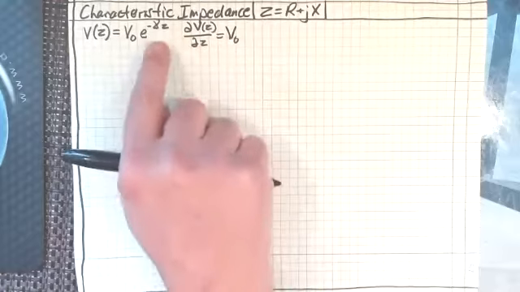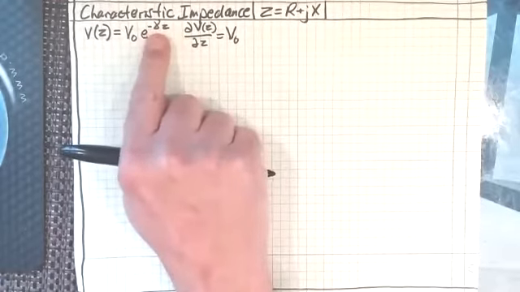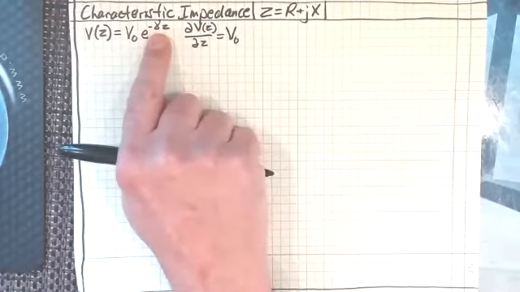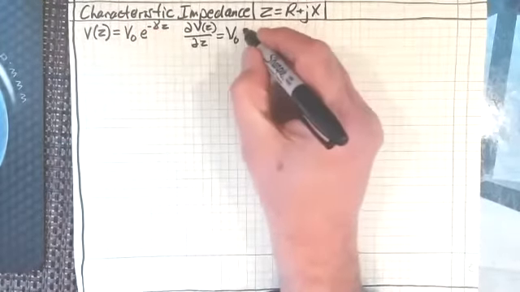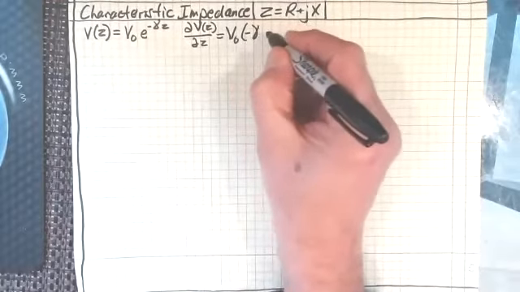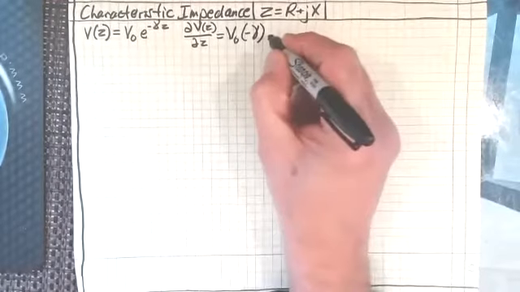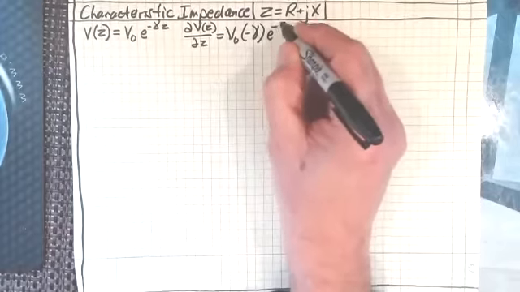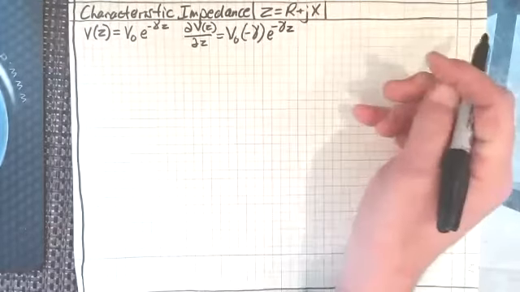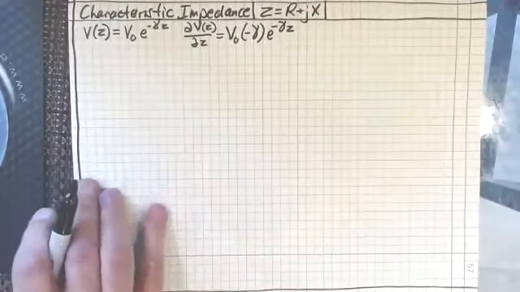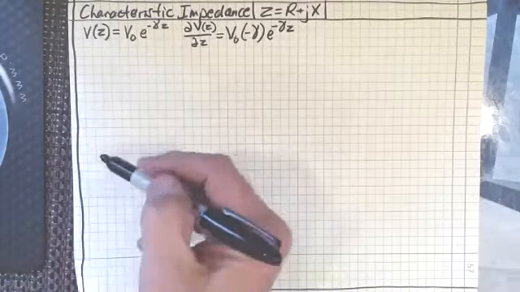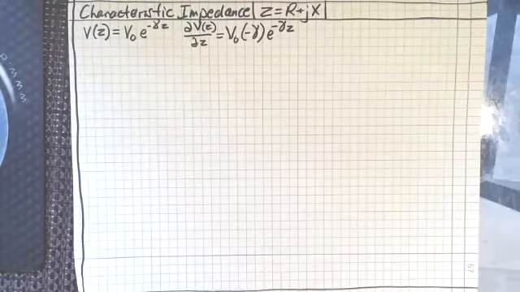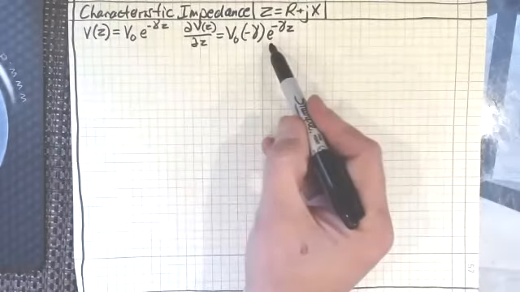And then let's take the derivative of minus gamma z with respect to z. And that's just going to be minus gamma, isn't it? So I've got V sub 0 times minus gamma times e to the minus gamma z. Does everyone see how that worked out? I'm sure everyone's fine with the derivation that I did there. So anyway, I wanted to do this because I'm going to use it in just a second.